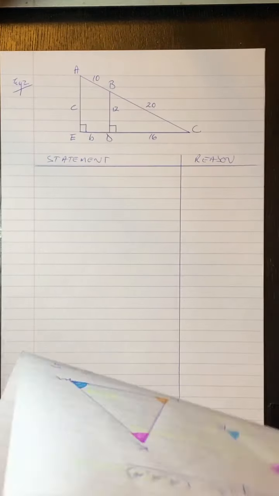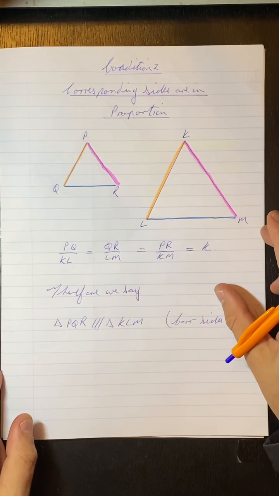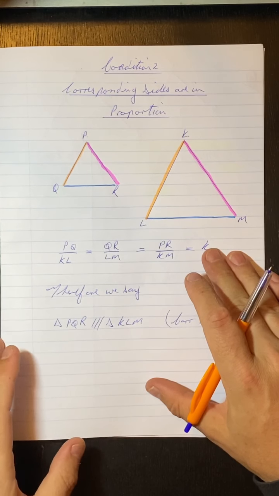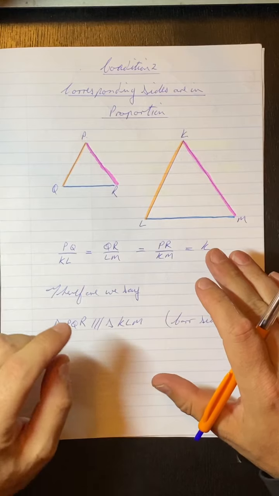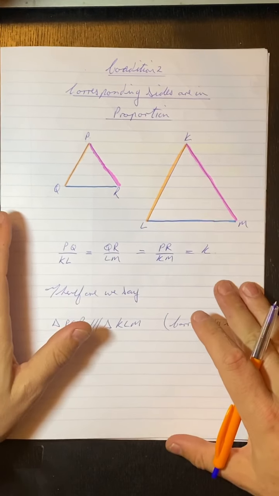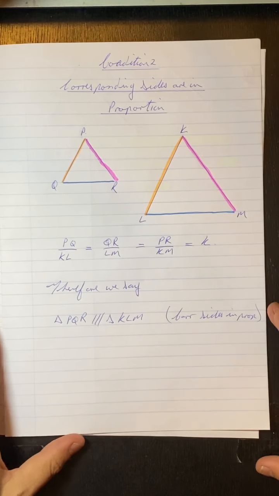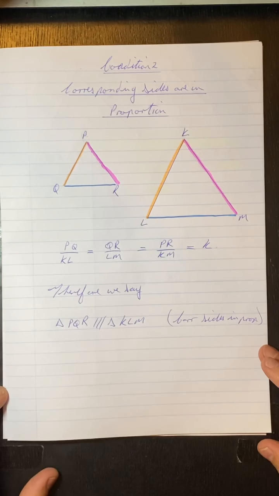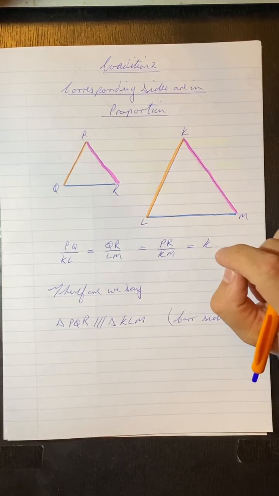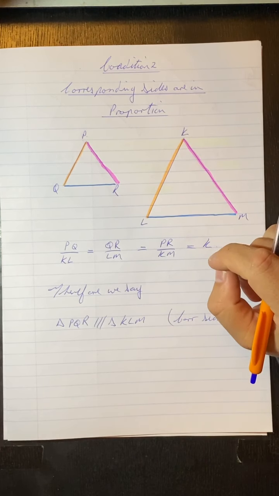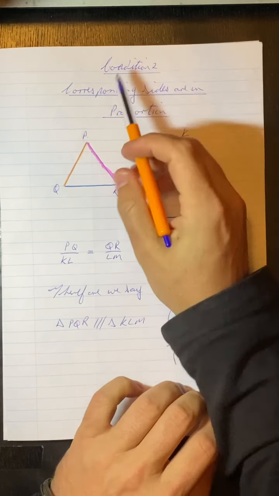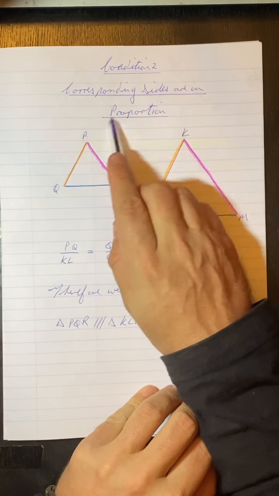Then, condition 2. As you saw with the previous triangles, your angles are all equal, but the one triangle is bigger or smaller than the other one, and the sides will be in proportion. So condition 2 is corresponding sides are in proportion.